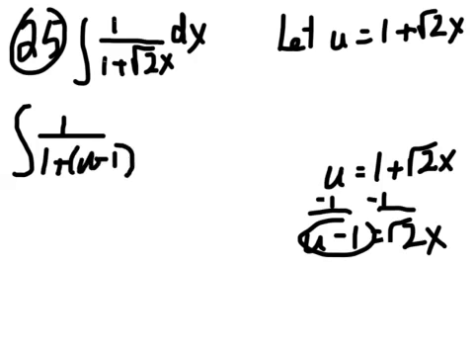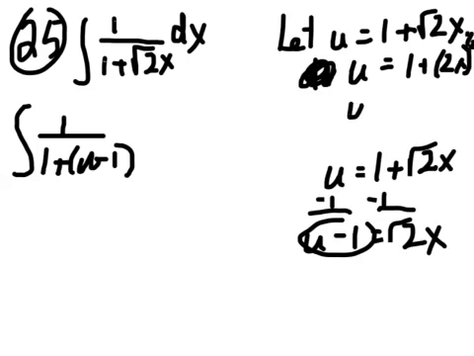Now I still got to get rid of dx, so I still got to figure out what dx is, so I still got to take du. If I write u as 1 plus 2x to the 1/2 power, when I take the derivative, the derivative of 1 is 0, right?